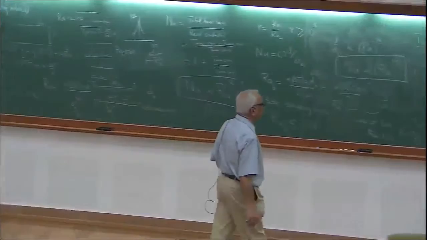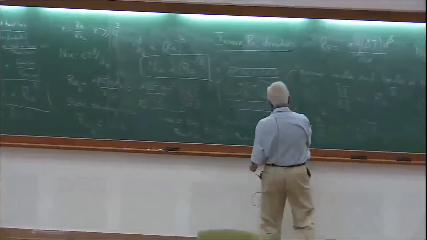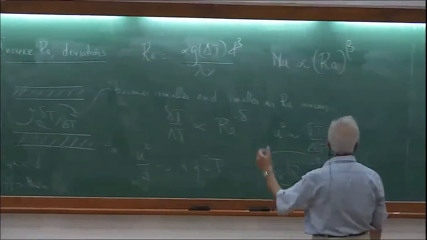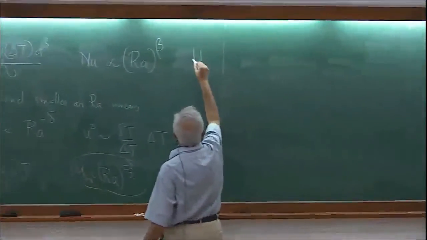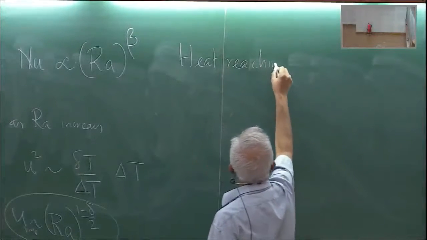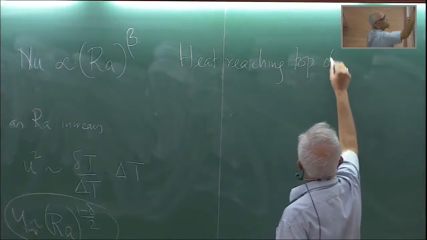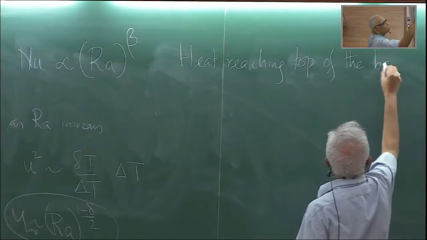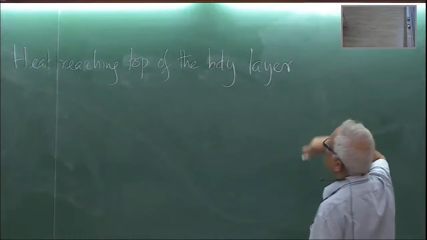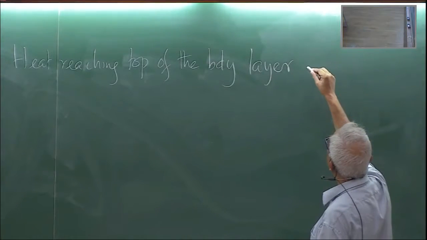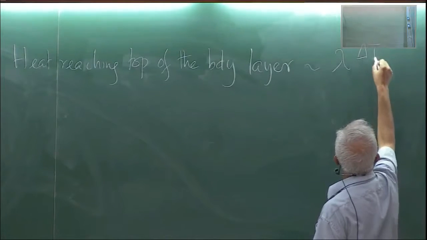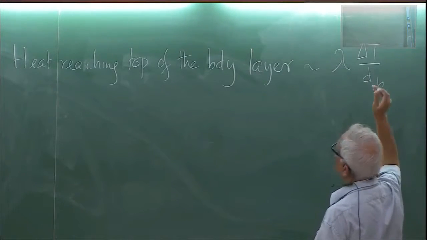So, all right. Heat starts out from the bottom plate over here. The amount of heat reaching the top of the boundary layer, per unit area, per unit time, is, as we had said, lambda times delta T over d_B.